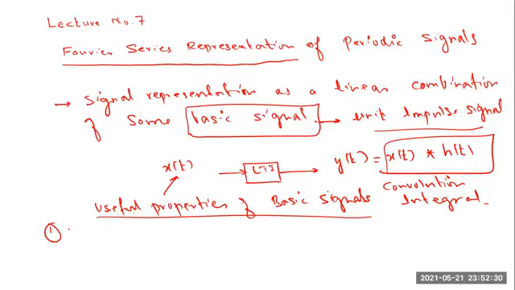One useful property that we always look for in a basic signal is that they should be able to represent a broad category of signals.